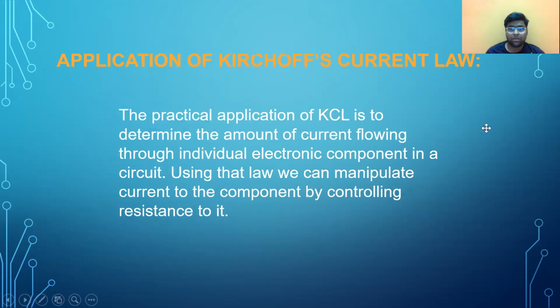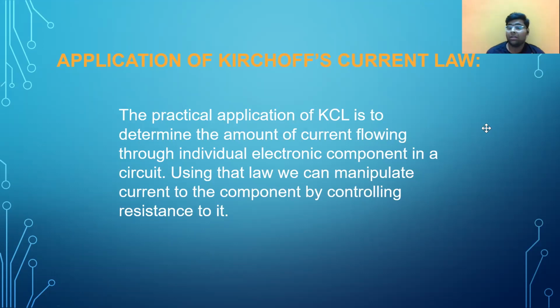Now we are going to discuss the application of Kirchhoff's current law. The practical application of Kirchhoff's current law is to determine the amount of current flowing through an individual electronic component in a circuit. Using that law, we can manipulate the current to the component by controlling the resistance to it.